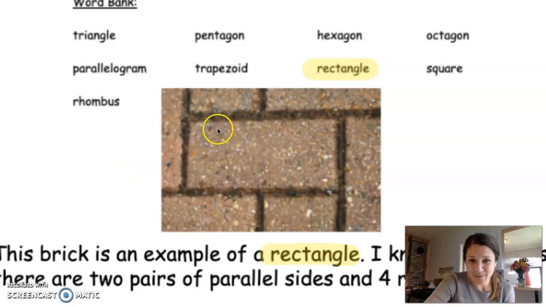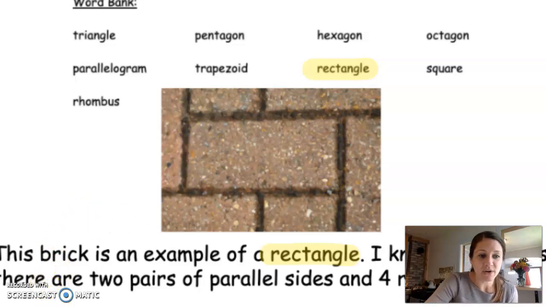So here there's a picture of some bricks, and I highlighted a rectangle because I know this is a rectangle. So I said this brick is an example of a rectangle. I know this because there are 2 pairs of parallel sides and 4 right angles.